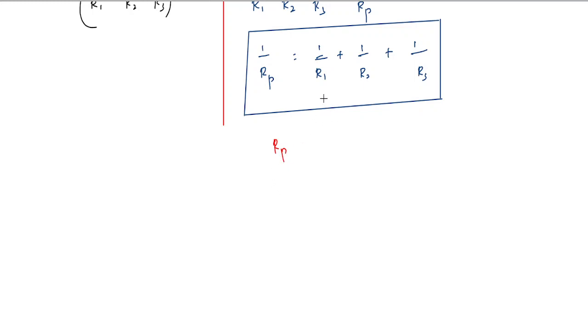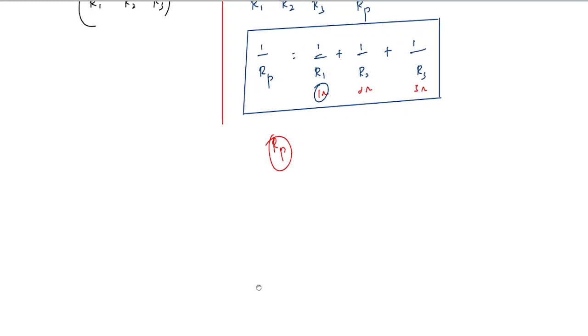For example, if you take R1 as 1 ohm, R2 as 2 ohm and R3 as 3 ohm, this Rp will be less than the least resistance. So this Rp will be less than 1 ohm. So whenever we want to obtain a lesser value, then we use resistance in parallel, and whenever we want a high value, then we use them in series.